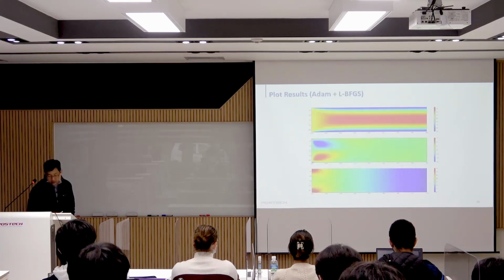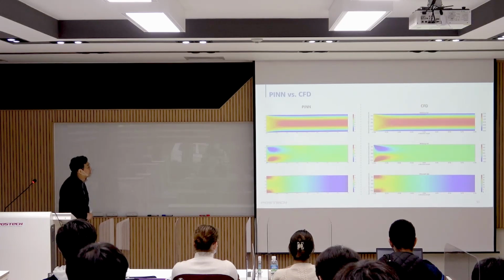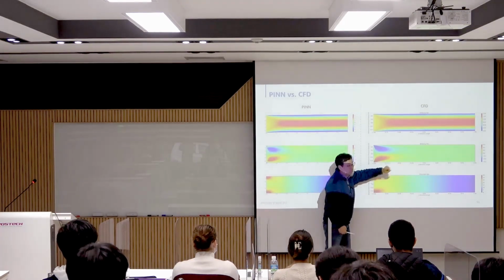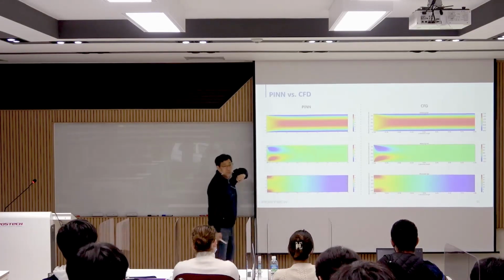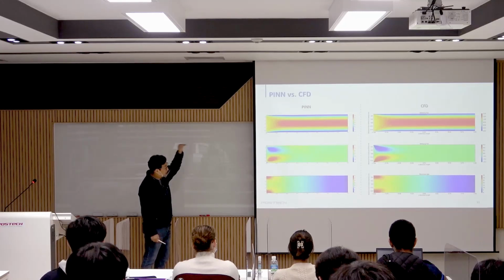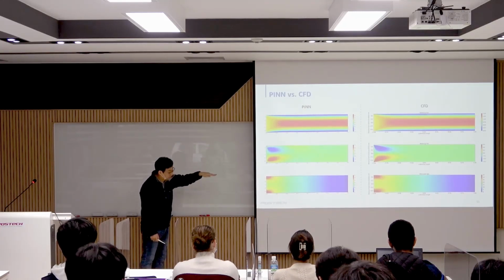And this is what we got from PINN, and you can make a comparison between them. That's from the computer simulations, and this one is from AI. Again, it's velocity in x and y and pressure distributions.